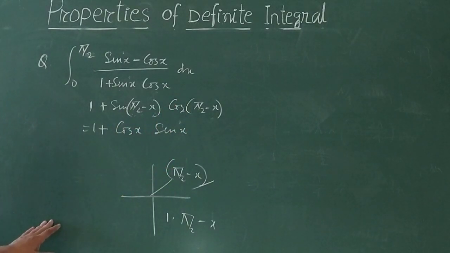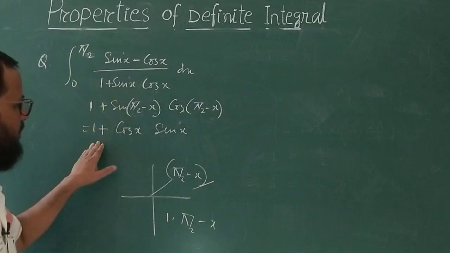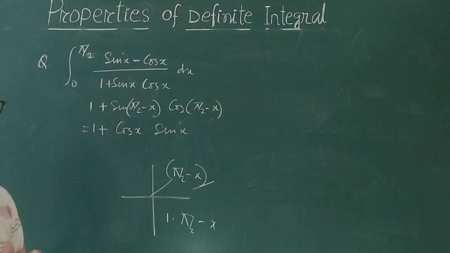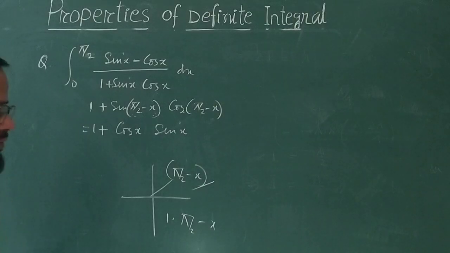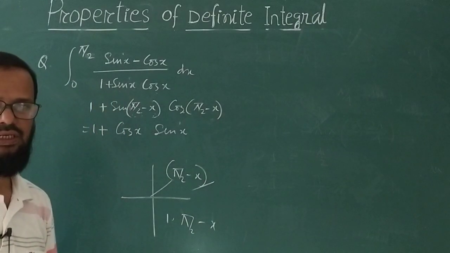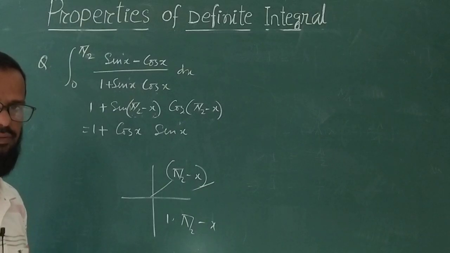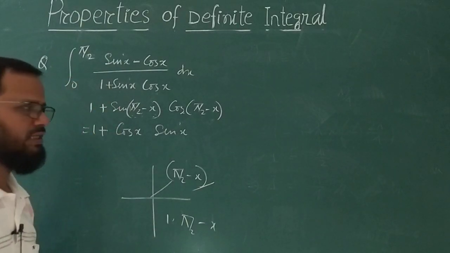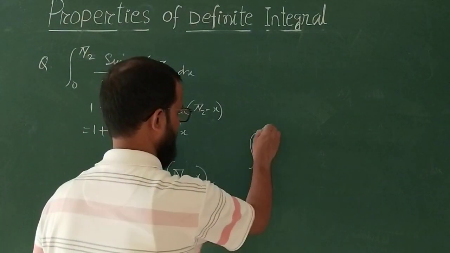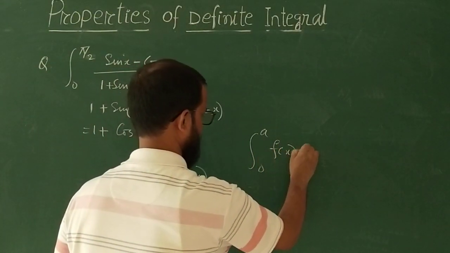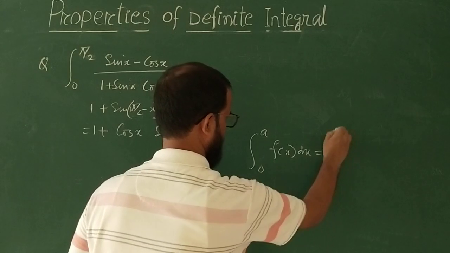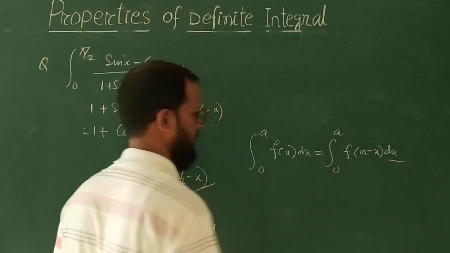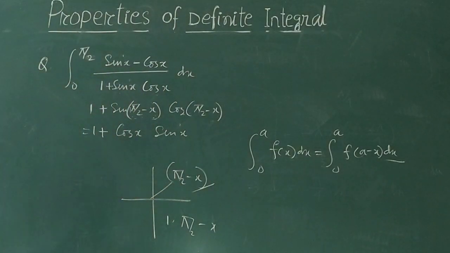So you have seen that after applying the property, the denominator is not changed. So you have to aim in that direction to apply the property. You can use this property and try the problem. So let us go with this property. The property I have utilized is integration 0 to a f(x) dx equal to integration 0 to a f(a minus x) dx. This property I am going to apply. Okay, understood?